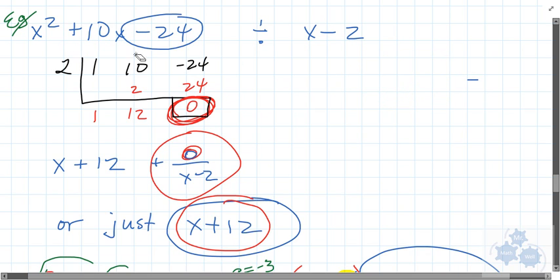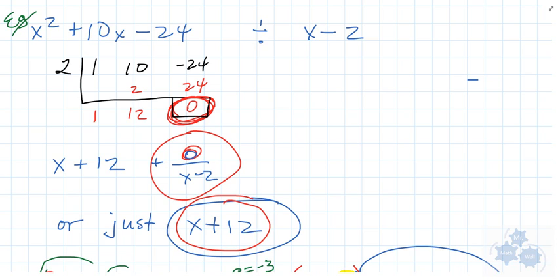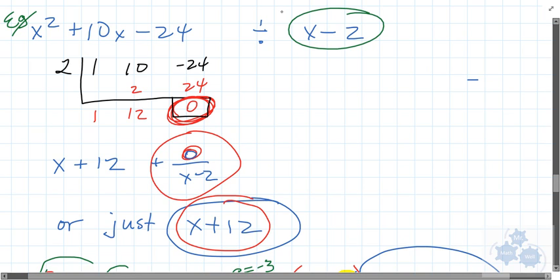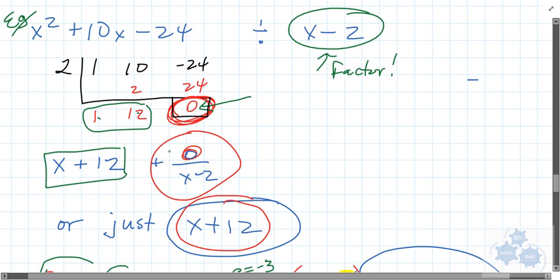I had this polynomial, x squared plus 10x minus 24, and I divided it by this binomial. I got a remainder of 0, which means that this is a factor. Yay. It also means that the polynomial that these coefficients represent, which is this right here, is also a factor.